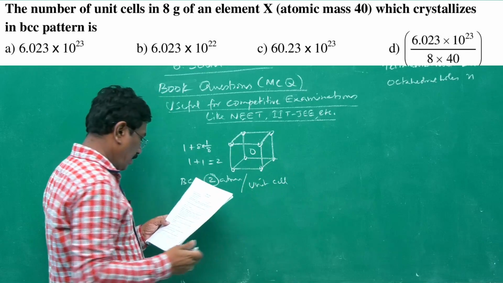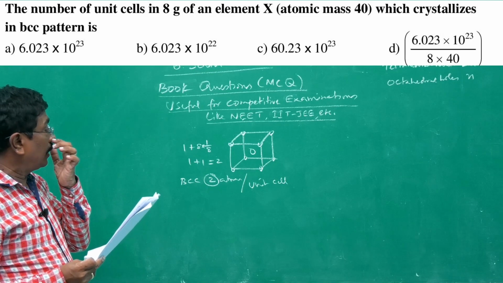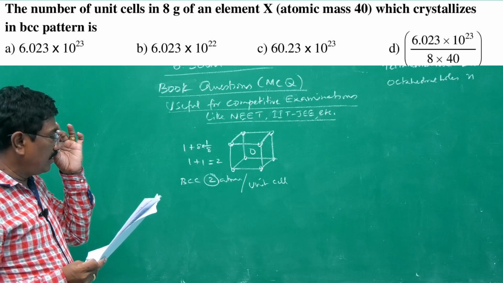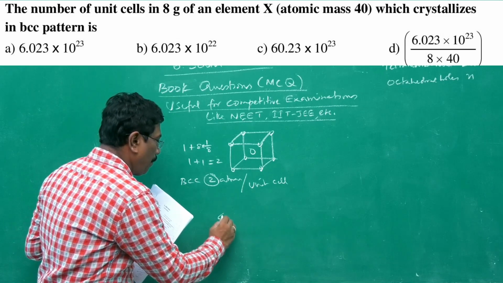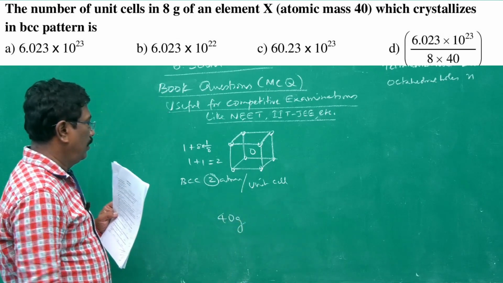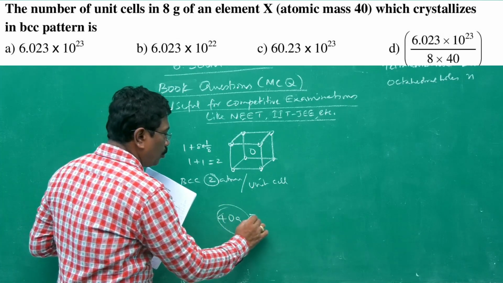Now the question is, the number of unit cells in 8 gram of the element X. The atomic mass is given as 40 gram. If 2 atoms are present in one unit cell, 40 gram corresponds to 1 mole of atoms.